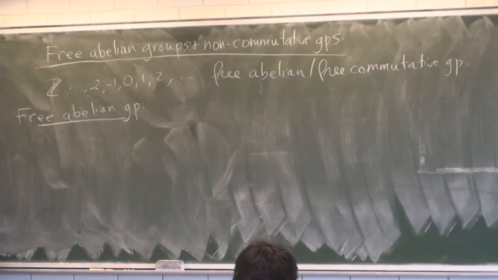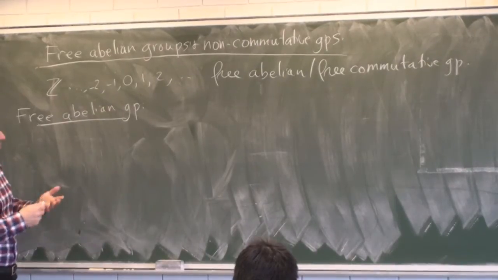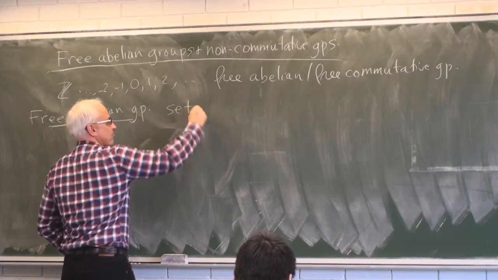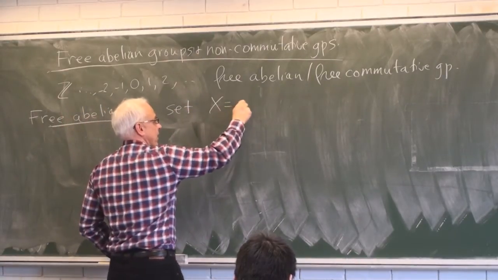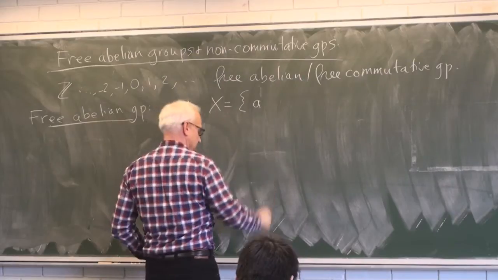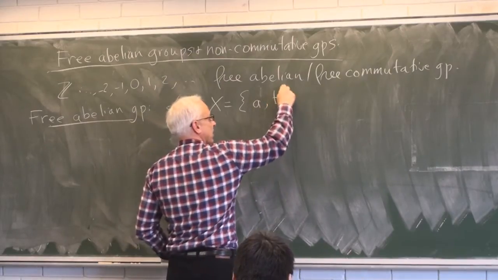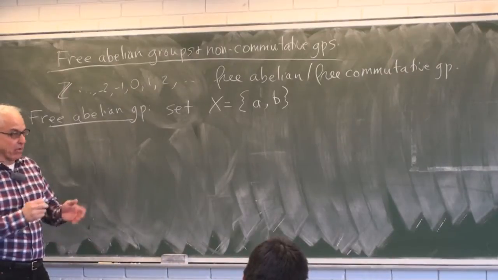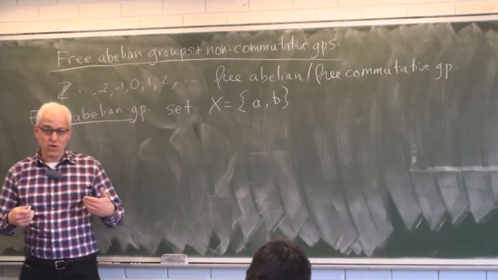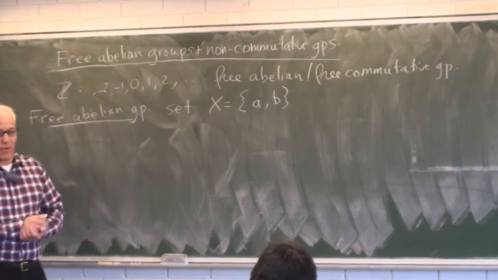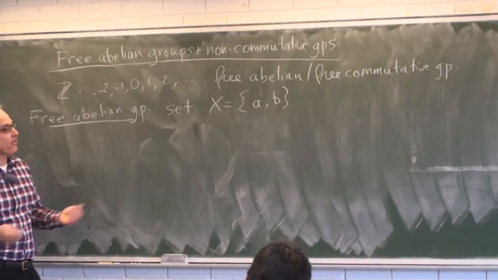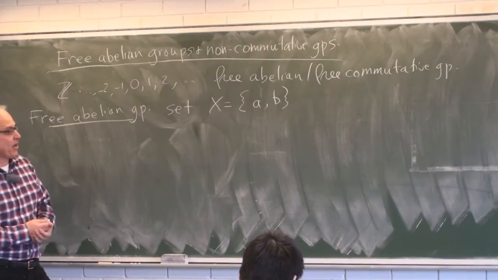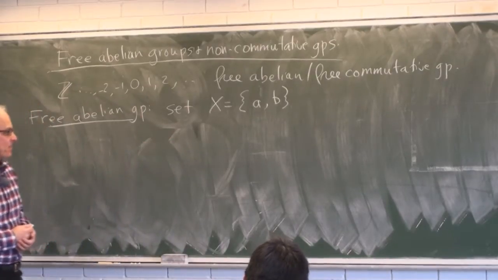Well, perhaps the simplest way of describing this is to start with a set. So we have a set, say X, and we'll start with a very simple set, say A and B. And we're just going to think of those things as being symbols. And then we're going to create an algebraic structure from those symbols by allowing ourselves to take sums of A's and B's.